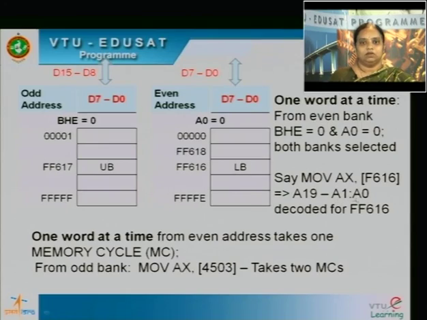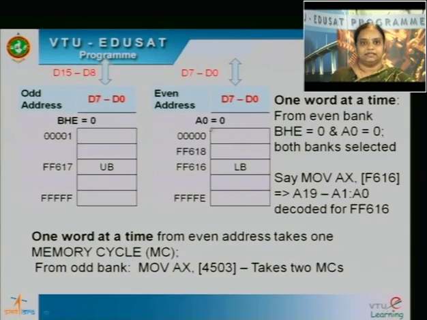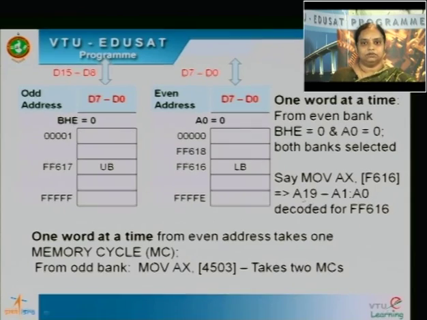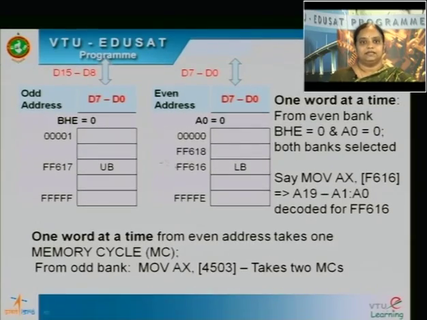A19 to A1 along with A0 together represents FF616. So this will activate this bank, and with BHE equal to 0, A1 to A19 will activate this, and along with BHE the upper bank is also activated, and the complete 16-bit data is put on the 16-bit data lines.